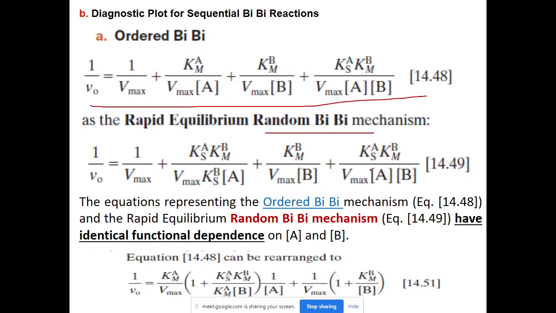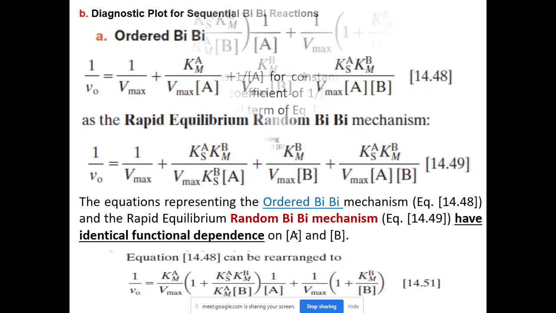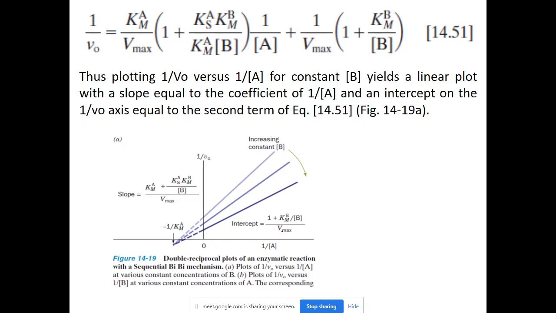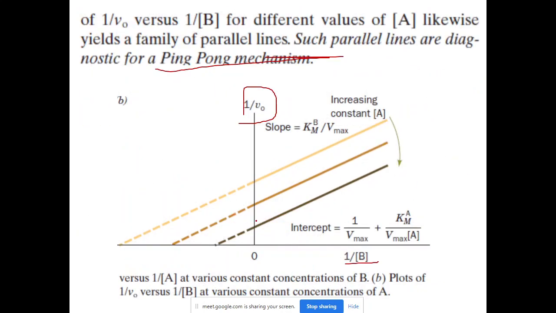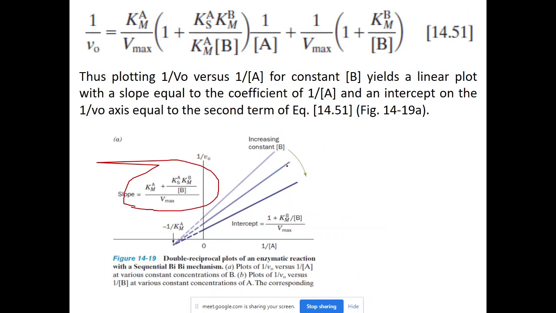This also is y equals mx plus c, and respectively, if you go through this, you have the slope here, and the graph for the ping pong will appear in this manner. If your graph shows this manner of slope, then you know that this is a ping pong mechanism. And if you have the slope in this manner, with an intercept moving across the minus axis, then you will know that this is the random mechanism.